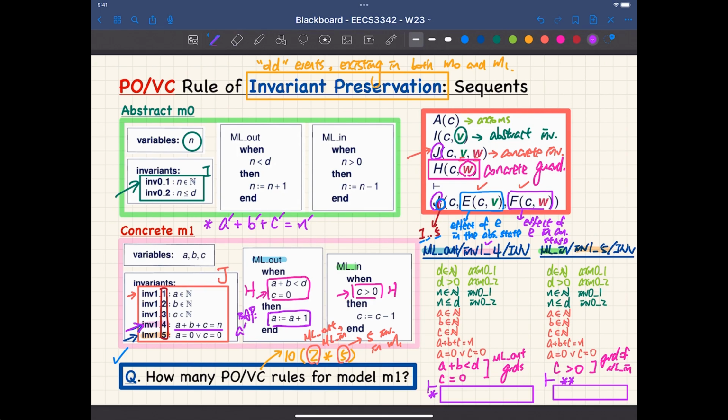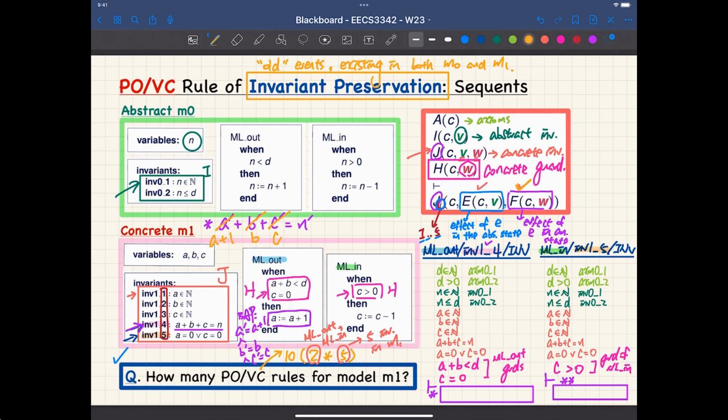A prime equals A plus 1. B prime equals B. C prime equals C. Let's now do the substitution. A prime is A plus 1. B prime is simply B. C prime is simply C. So that's basically the F part, the concrete one.